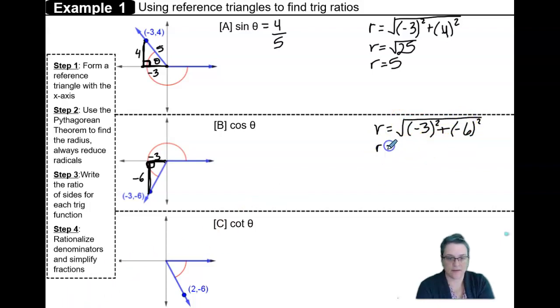And that's going to make the radius equal to the square root of 45. And we want to always reduce our radicals. 45 is 9 times 5, so the radius is equal to 3 square root of 5.